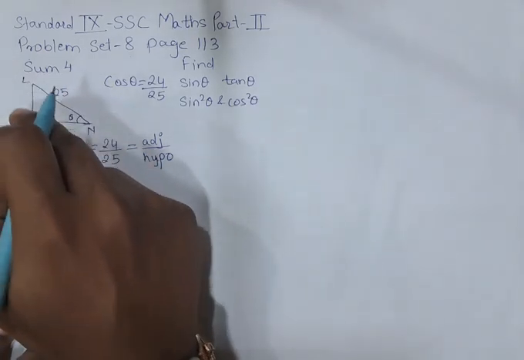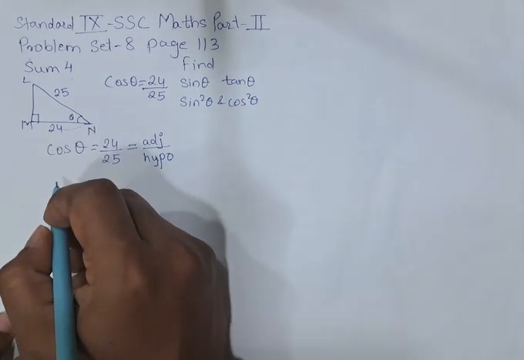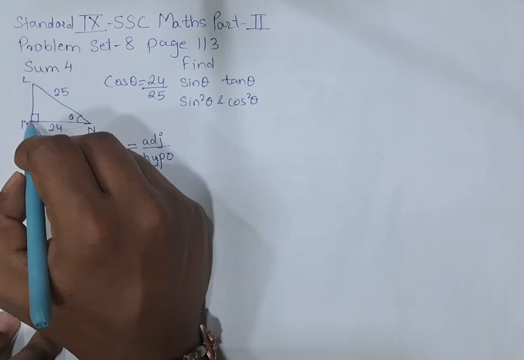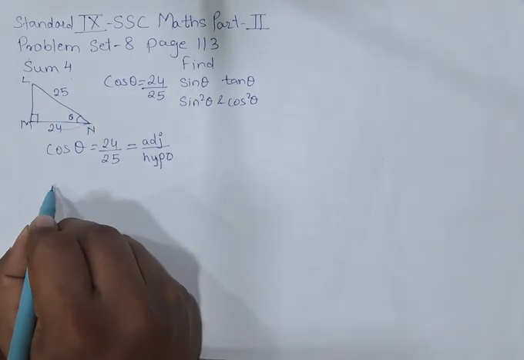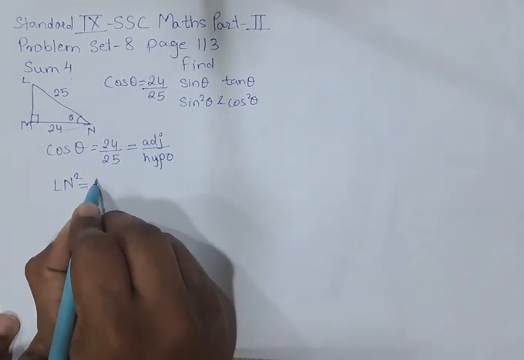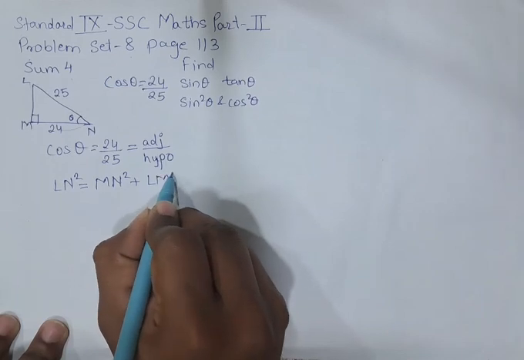In this right angle triangle, we can apply Pythagoras theorem and find the value of LM. Pythagoras theorem is hypotenuse square equals side 1 square plus side 2 square.